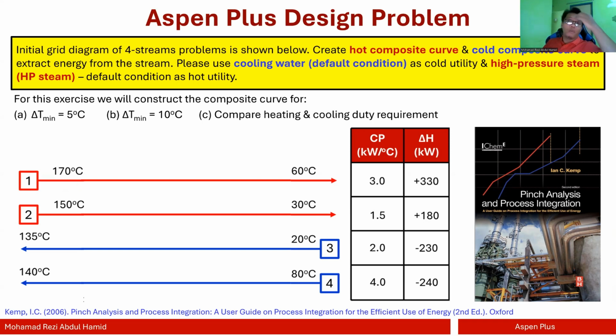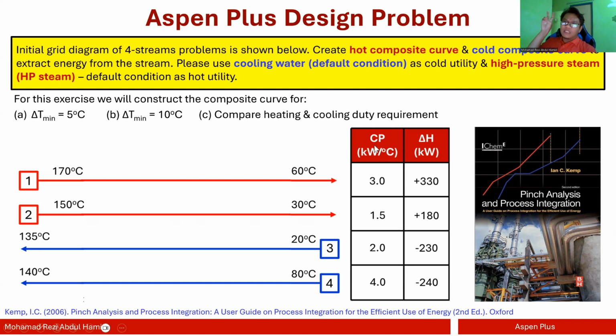Our task here is quite simple: create a hot composite curve and a cold composite curve to extract the energy from the streams. We're going to use the default cooling water condition in the software as our cold utility, and the default high pressure steam condition as our hot utility. If you see the table here, you have the CP value.